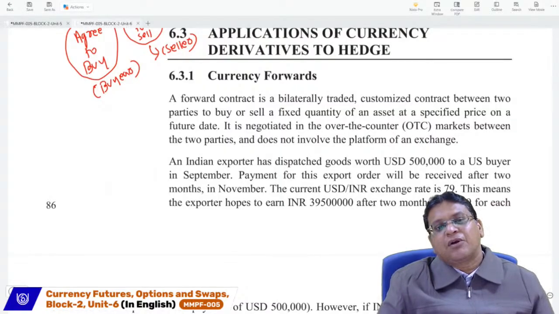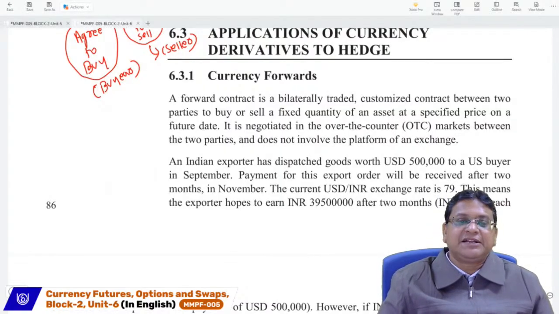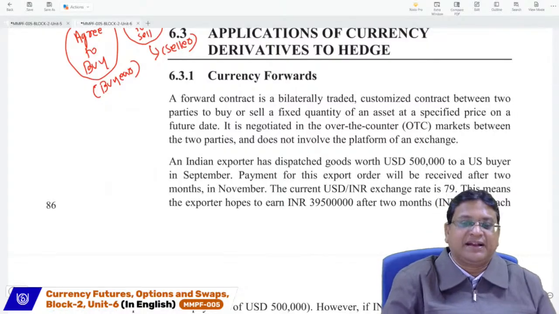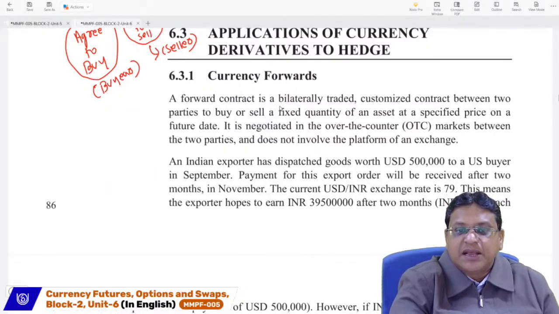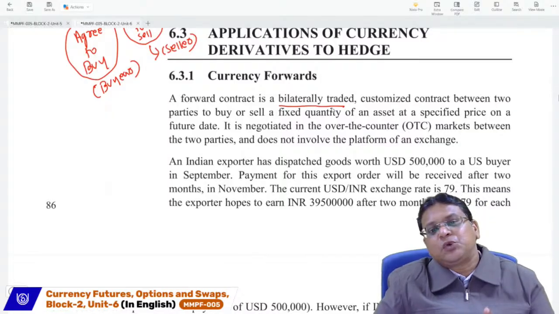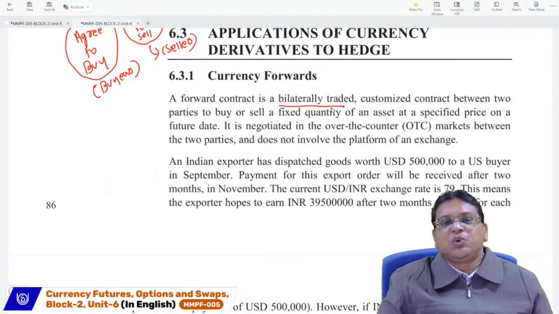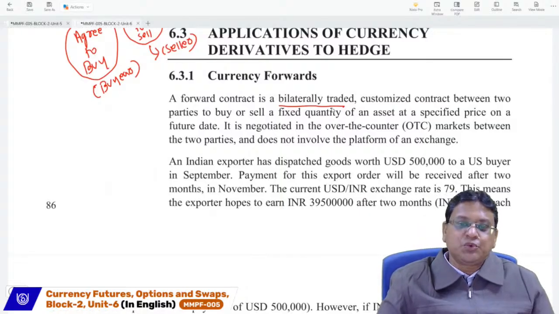Before discussing currency forward contract, let me first tell you what is a forward contract. A forward contract is a bilaterally traded contract. What is a bilaterally traded contract? In a forward contract, there are two parties. One is buyer, another is seller. There is no intermediary between buyer and seller. Buyer takes long position, seller takes short position.